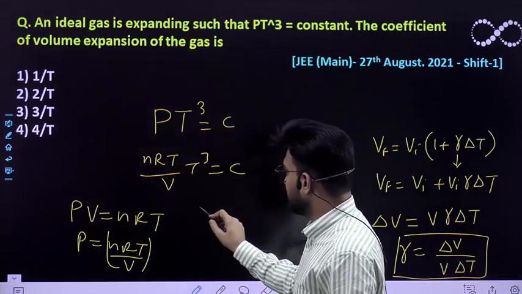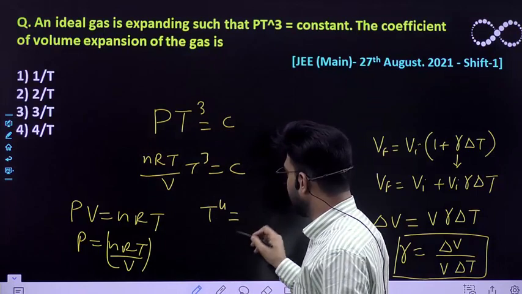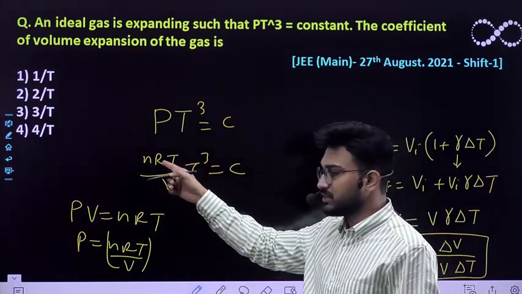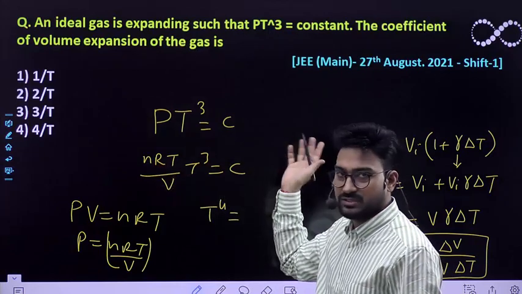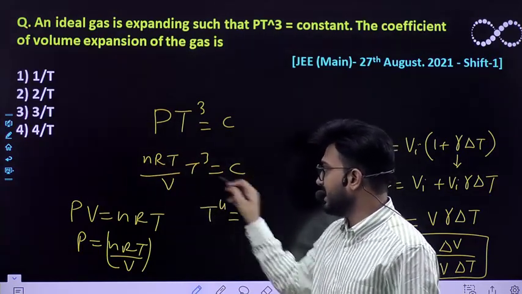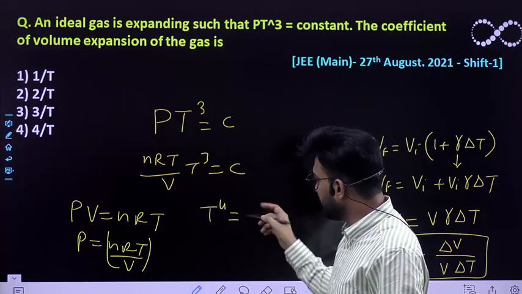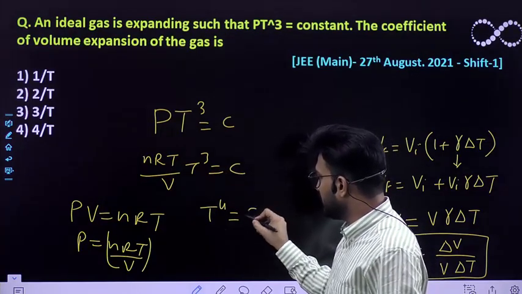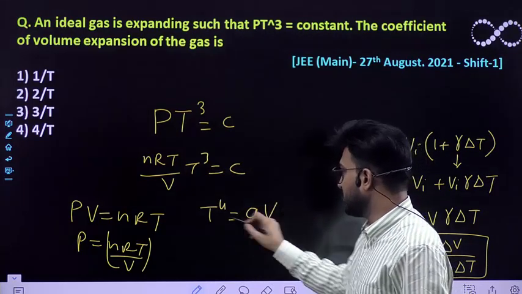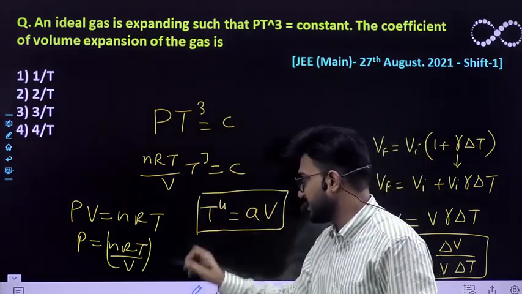That means T to the power 4 divided by V must be equal to another constant, because the number of moles and the gas constant are also constant. So C divided by nR is also a constant. Let it be another constant, small a. So it would be equivalent to T to the power 4 equals a into V. This is the expression that you are getting.